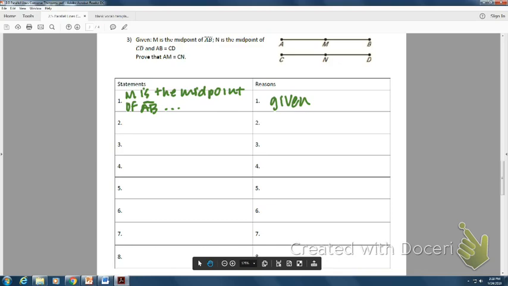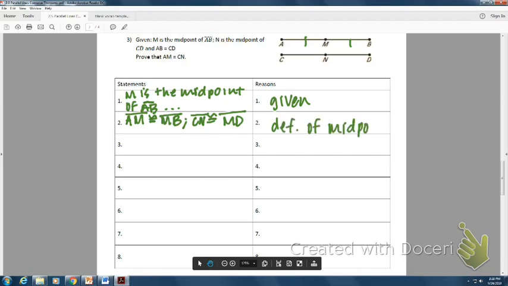And N is the midpoint of CD, and AB equals CD. Using that first piece of information, M is the midpoint and N is the midpoint. What do we know? AM is congruent to MB. What else? Very good. I'm just going to put those together because they have the same explanation. And what's that explanation? Definition of midpoint.